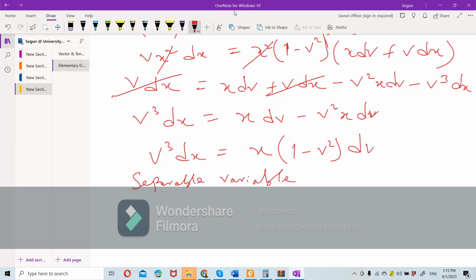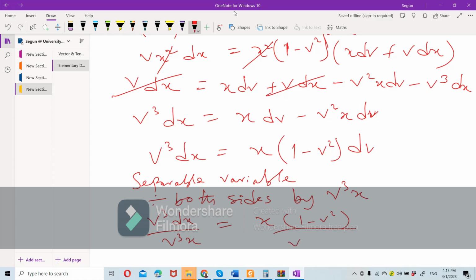That is, divide both sides by v cubed x. So it's going to be v cubed dx over v cubed x equals x in brackets 1 minus v squared over v cubed x dv.